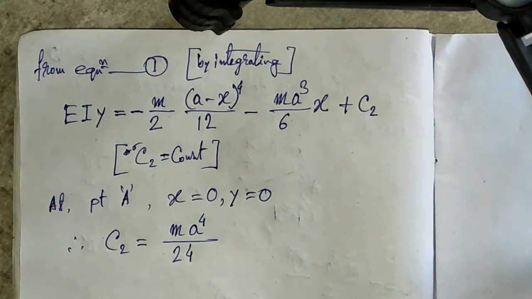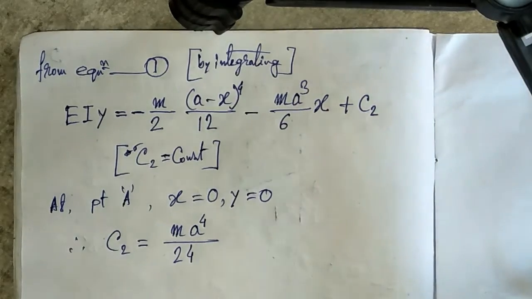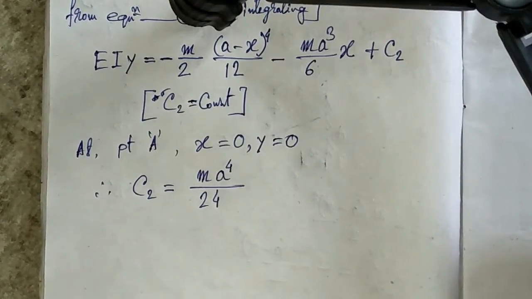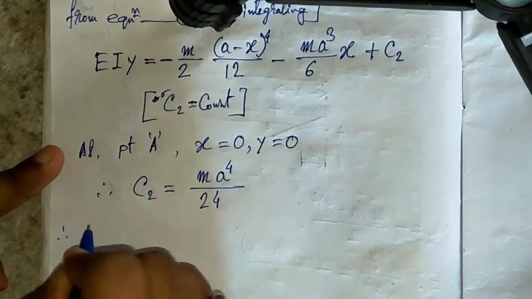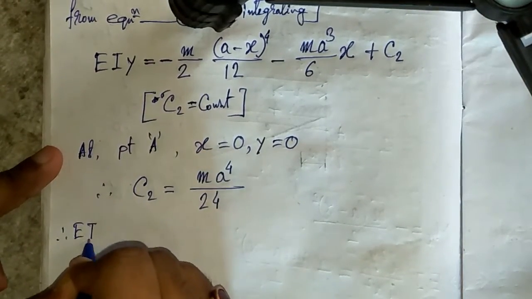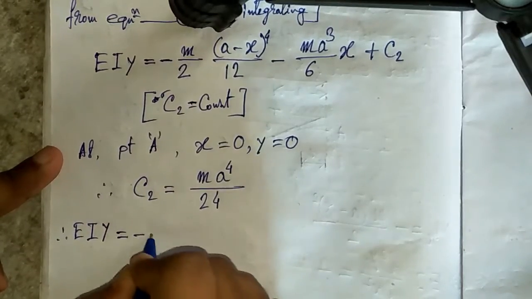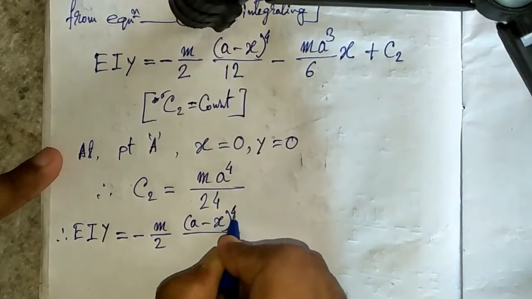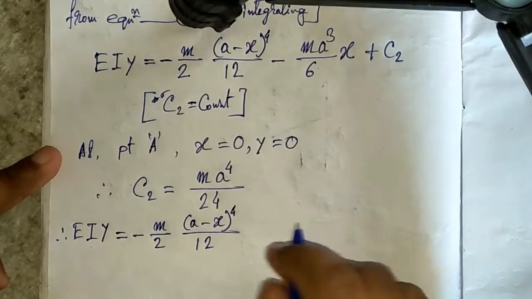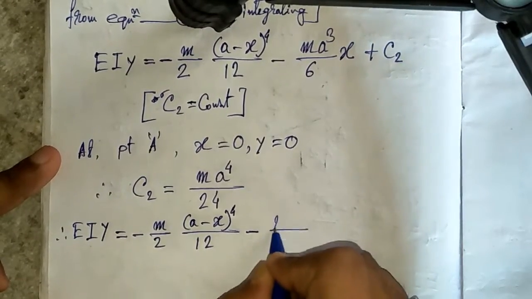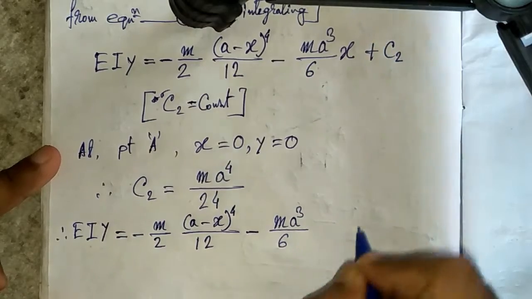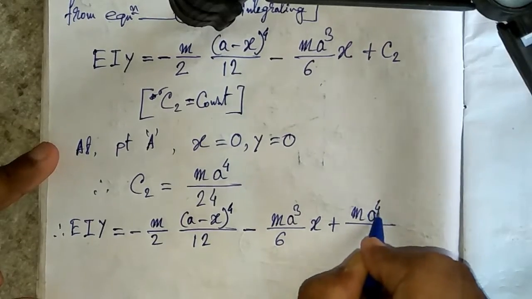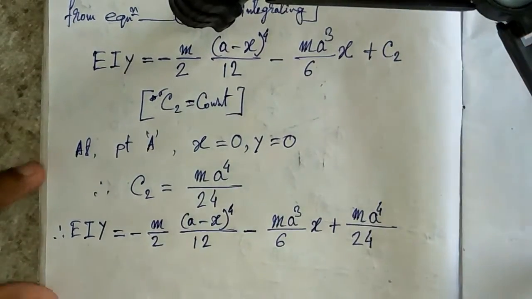Now, by substituting the value of C2 into this equation, we get EI into Y is equal to m by 2 into (a minus x) to the power 4 by 12, minus m a cube by 6 into x, plus m a to the power 4 by 24.